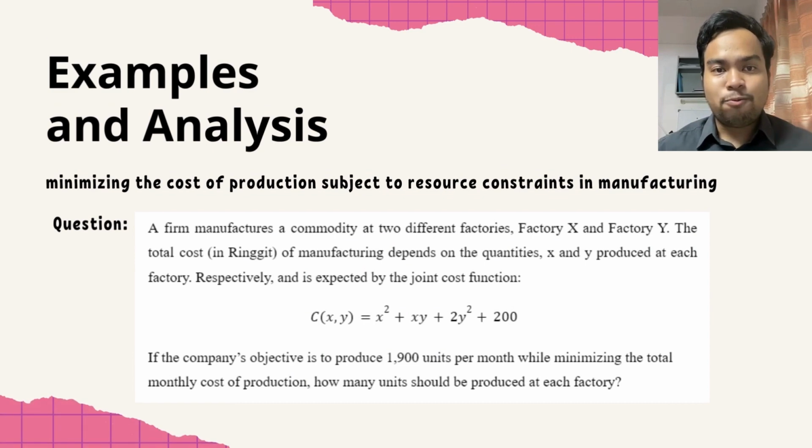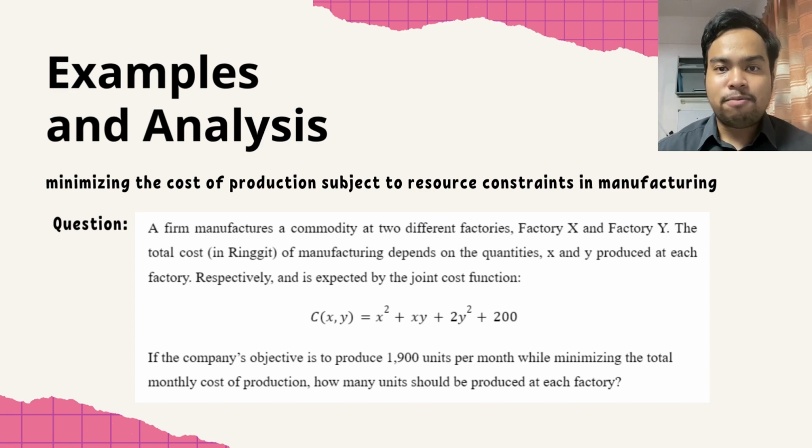On to the next section, which is examples and analysis. The first example I would like to present is minimizing the cost of production subject to resource constraints in manufacturing. Based on the question below, a firm manufactures a commodity at two different factories, factory X and factory Y. The total cost in ringgit of manufacturing depends on the quantities x and y produced at each factory respectively, and is expressed by the joint cost function C(x,y) equals x squared plus xy plus 2y squared plus 200.